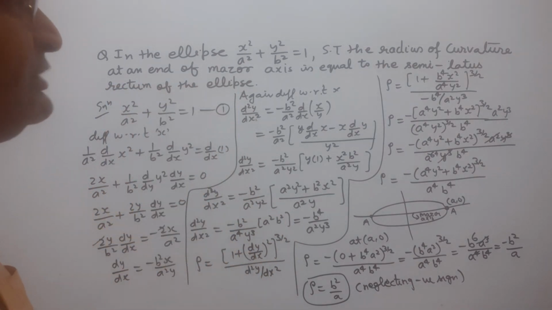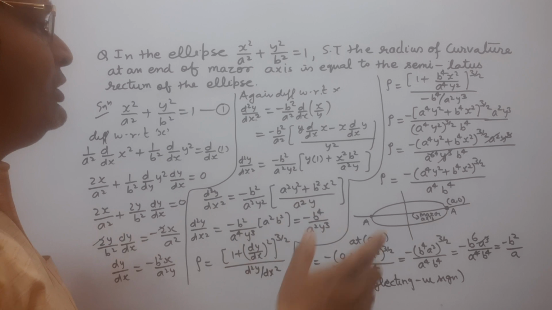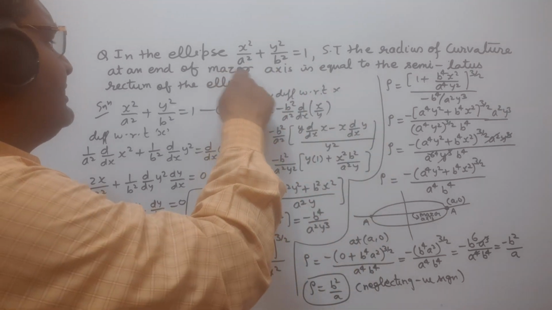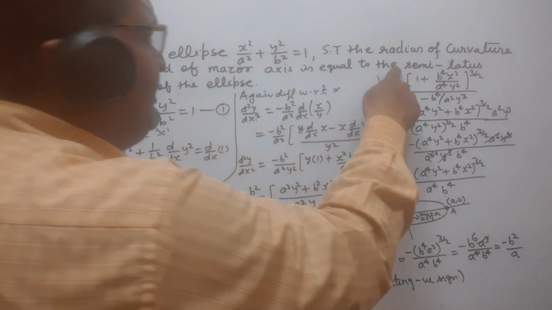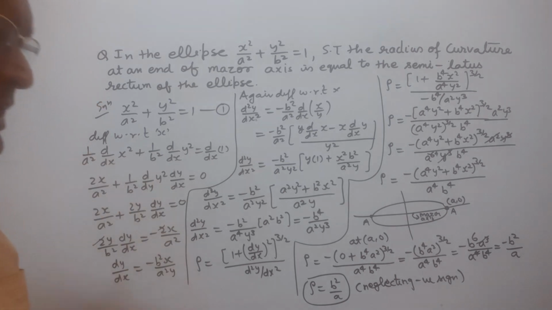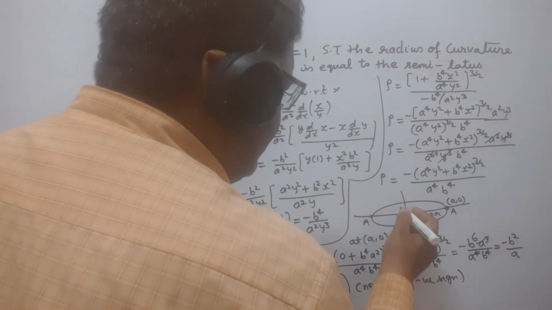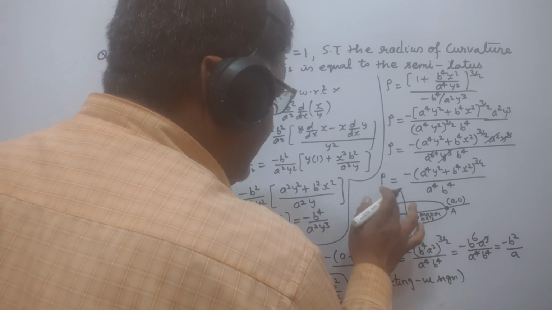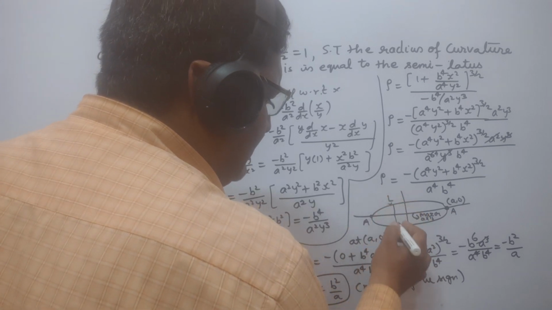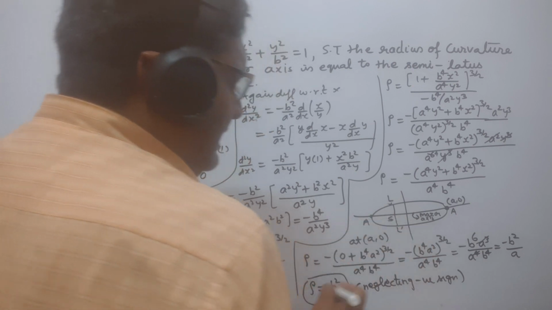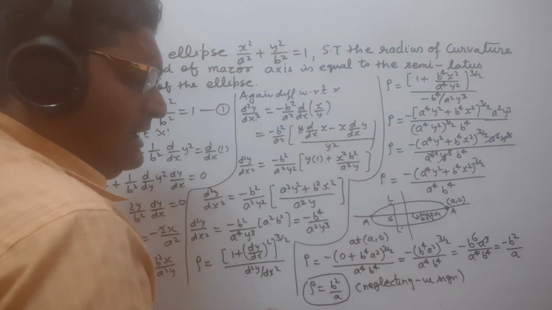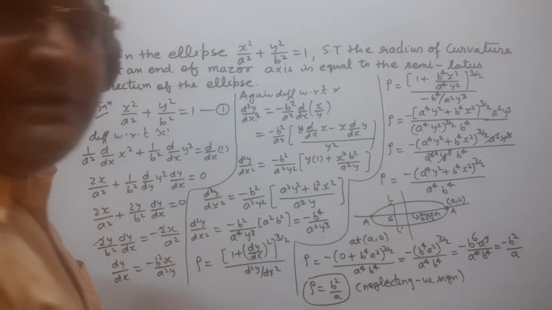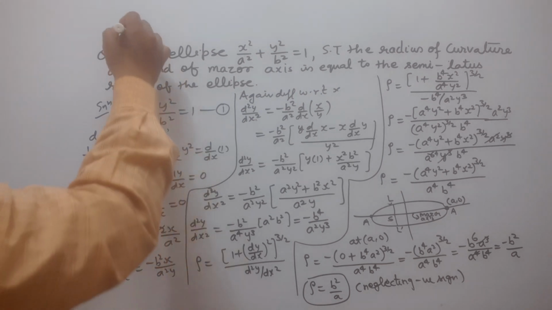हमको ये भी शो करना है जो रेडियस ऑफ कर्वेचर है वो मेजर एक्सिस के एंड पॉइंट पर सेमी लेटस रेक्टम के इक्वल हो। And we know that here this is the LSL dash, the latus rectum, and semi-latus rectum is LS, and the length of semi-latus rectum is b square upon a.